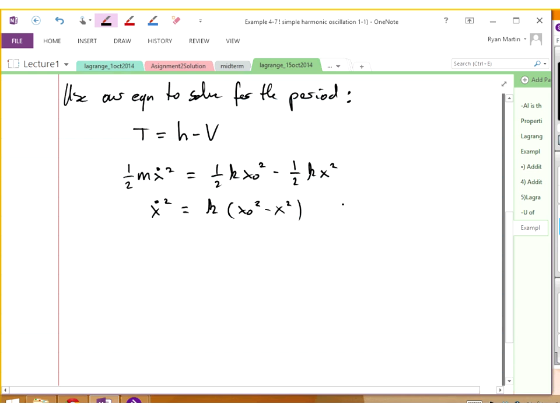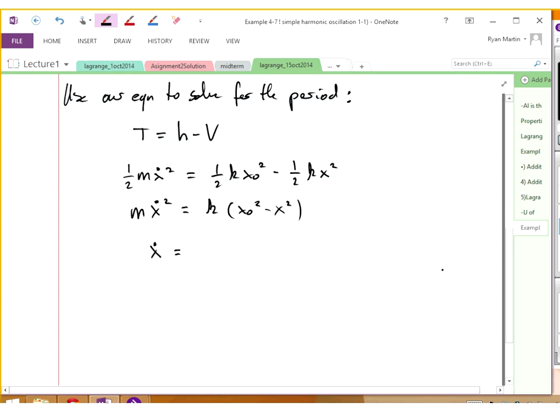And so that function, f of h and V, right? So x dot, oops, I forgot the m here. So that's going to be the square root of k over m times x naught squared minus x squared.